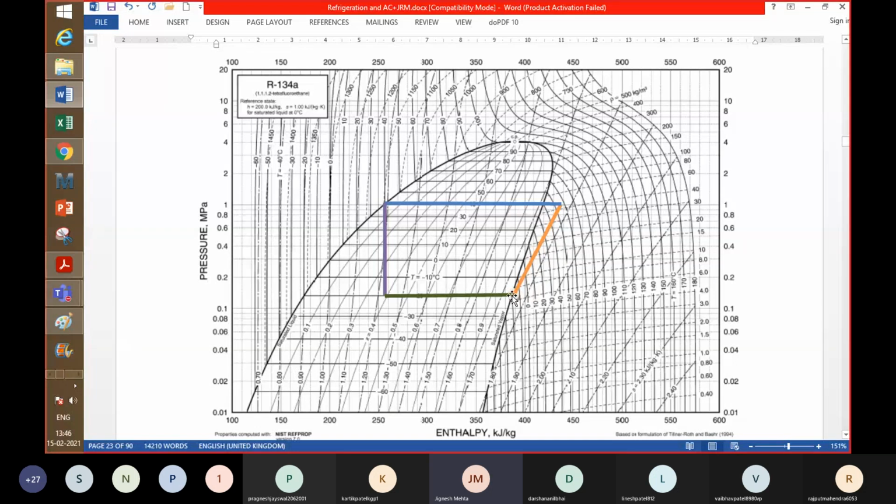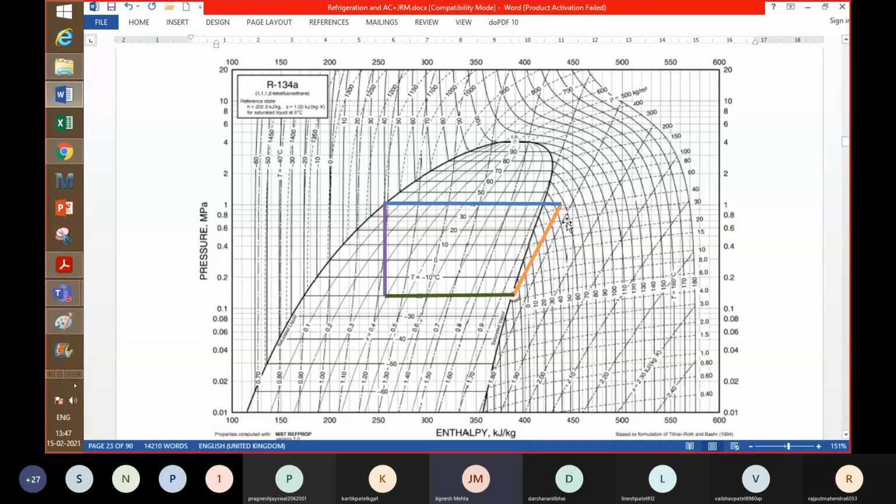So if you superheat it, let's say we superheat it up to this point, up to the entropy equal to 1.8, that would be a temperature of around 0 degrees Celsius. If you can read the temperature here, 0, right? So it goes from minus 20 to 0. That's 20 degrees of superheat.